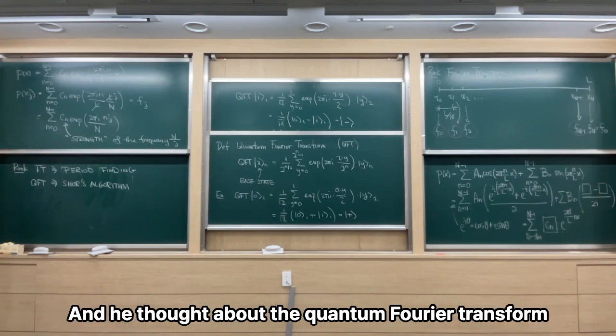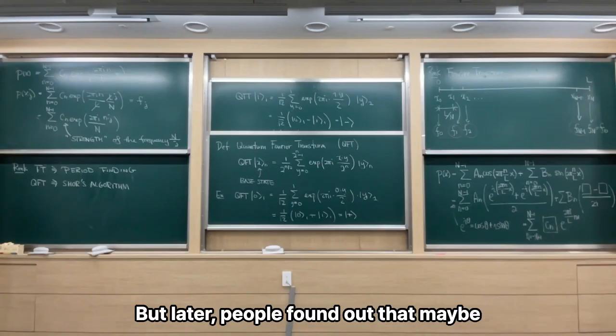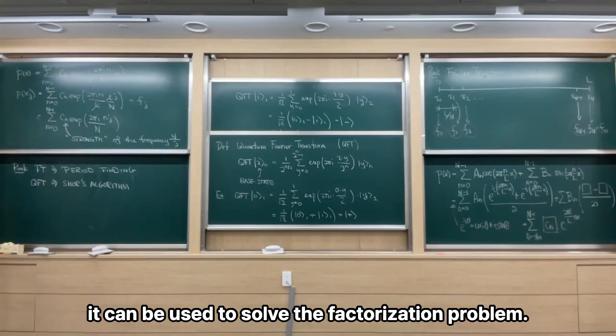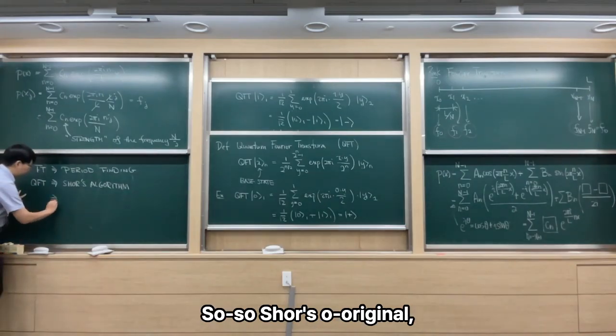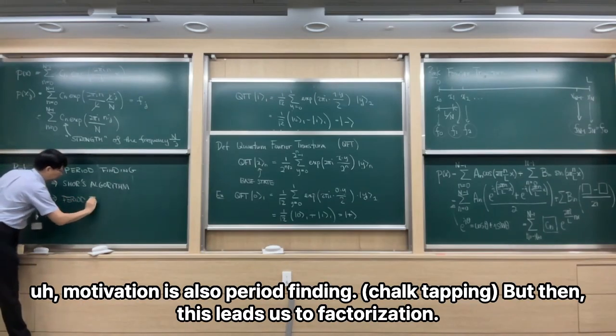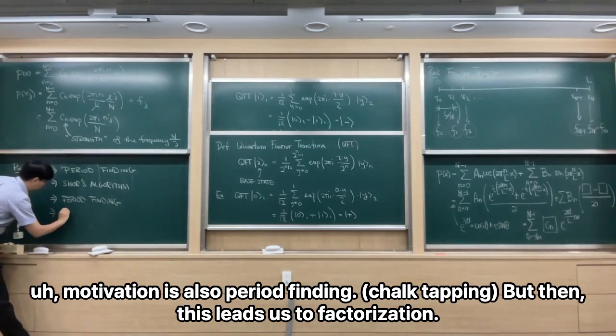of some lattice using the quantum circuit. And he thought about the quantum Fourier transform, and then he solved it. But later, people found out that maybe this looks like it can be used to solve the factorization problem. So Shor's original motivation is also period finding. But then this leads us to factorization.